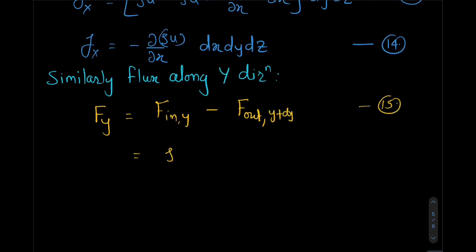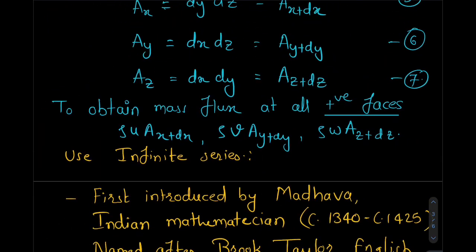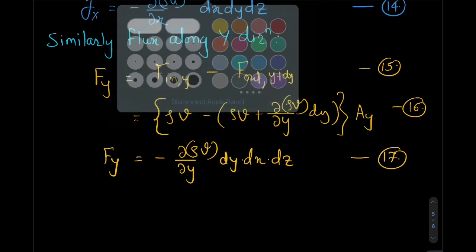This flux we already know by Taylor series: rho v minus partial over partial y of rho v dy into the area Ay. That area was dx dz. Okay, so that was the flux along the y direction.